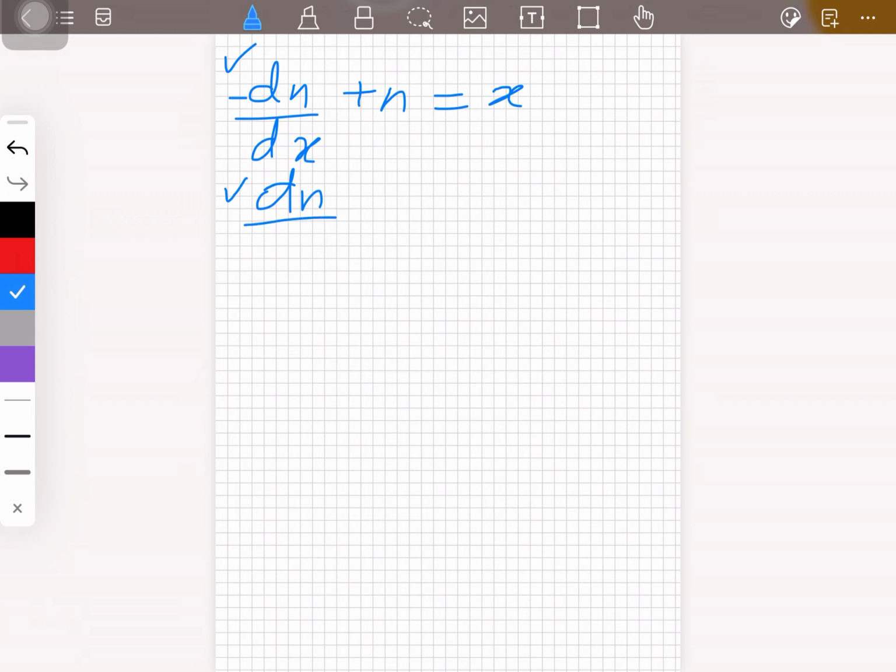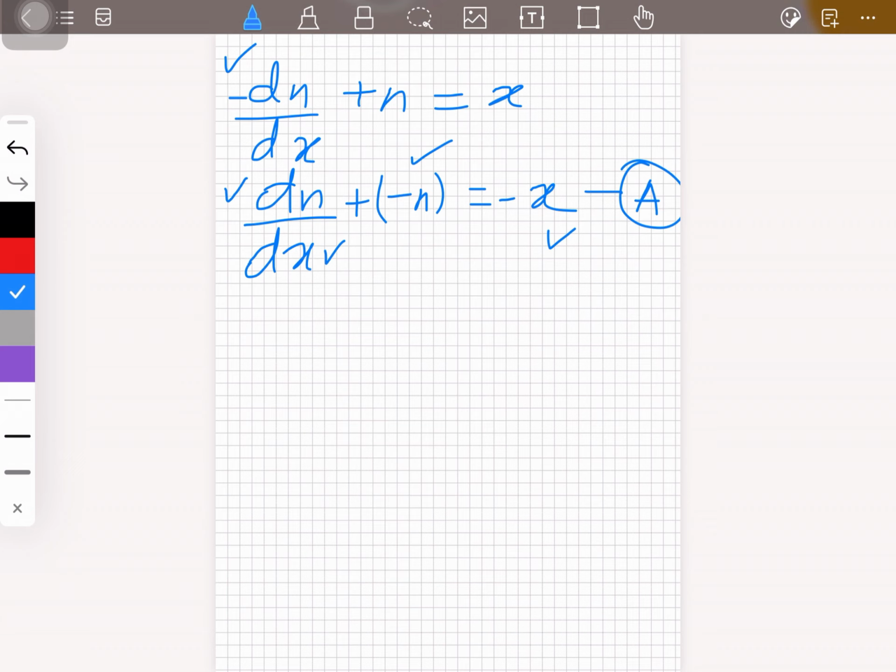So what I'm trying to say is, minus n is equal to minus x. So this now is in fact in the standard form. The coefficient of dn over dx is 1. We have just the term containing x on the right hand side, and then minus n is over here. So not a big difference.